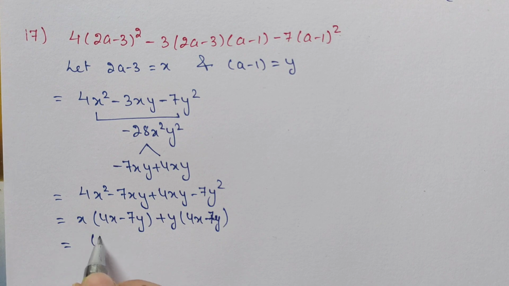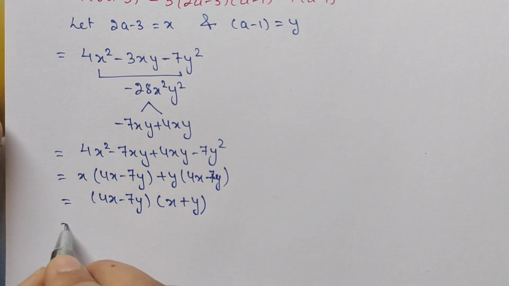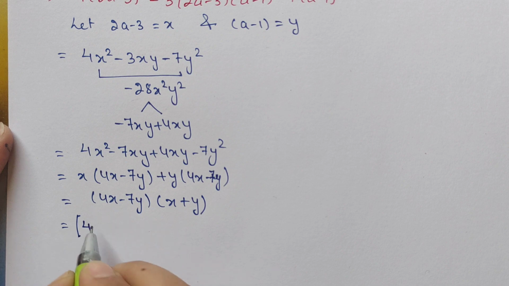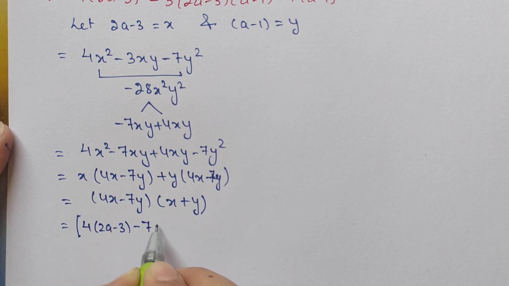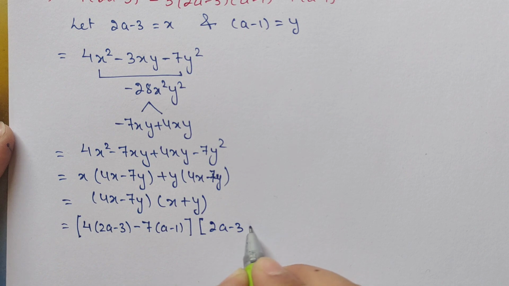So the factors will be (4x − 7y)(x + y). Now again at last replace x and y. So x is 2a − 3, y is a − 1: 4(2a − 3) − 7(a − 1), and another bracket (2a − 3) + (a − 1).